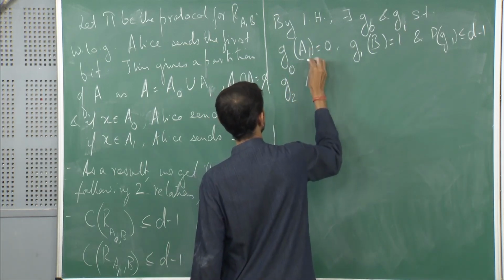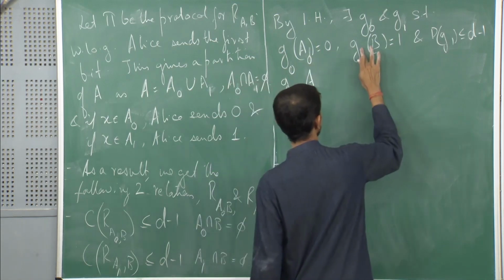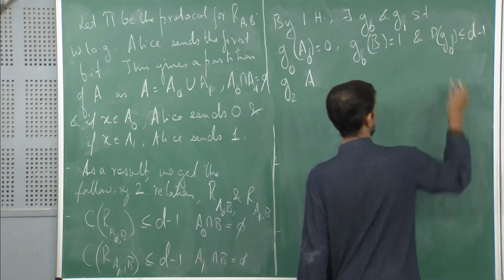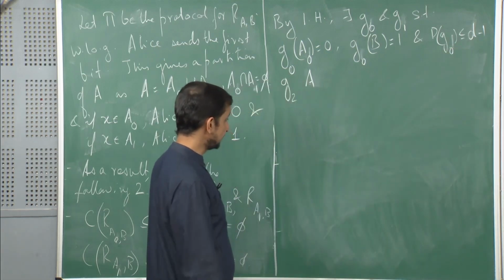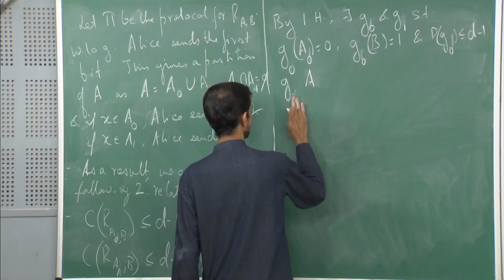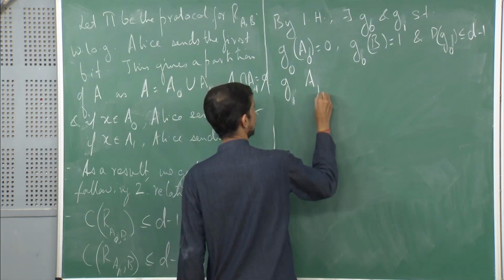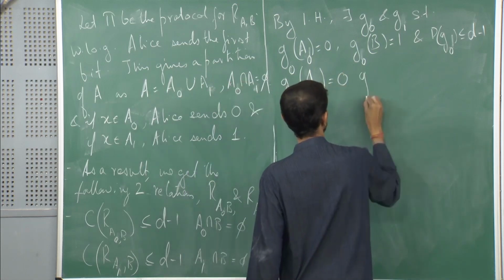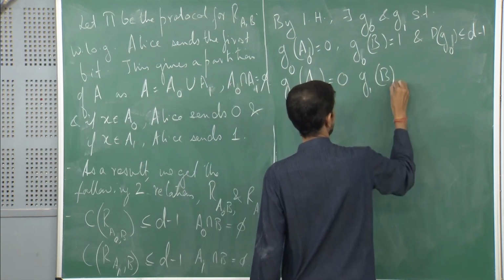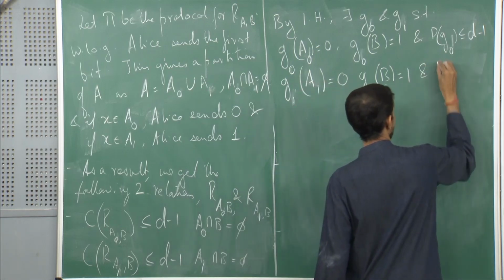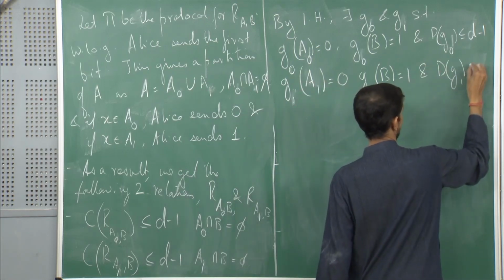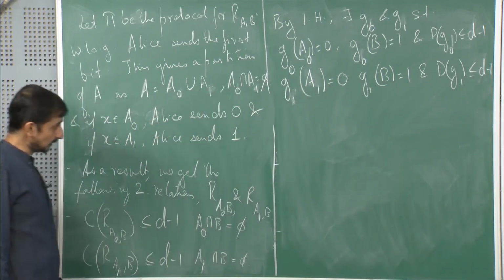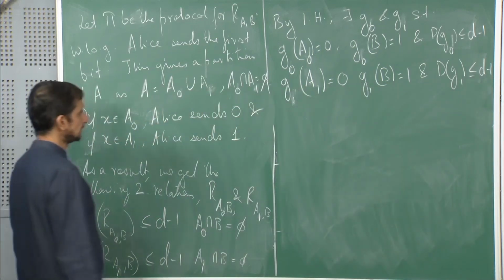So G0 of A0 is 0, G0 of B is 1, and D of G0 is at most d minus 1. Similarly, G1 of A1 is 0, G1 of B is 1, and D of G1 is at most d minus 1. Okay.